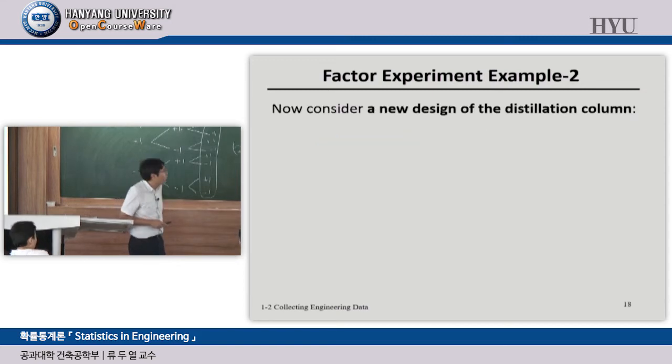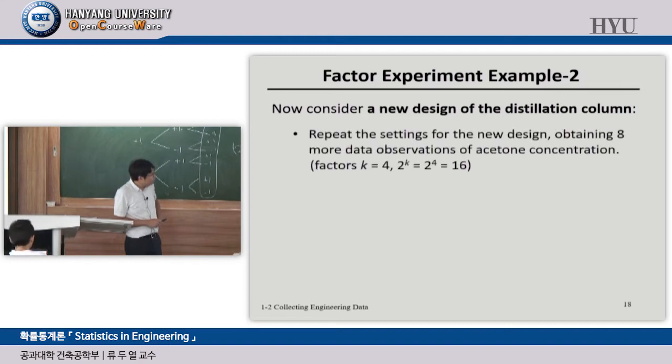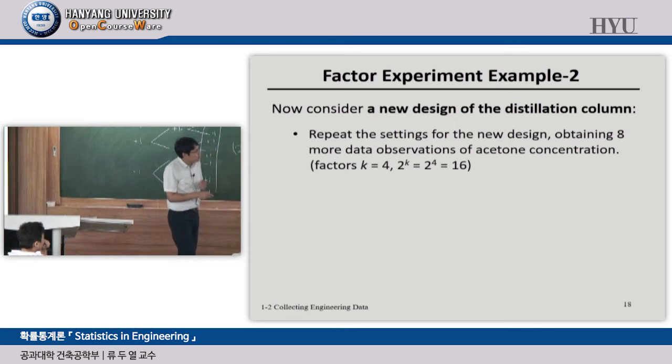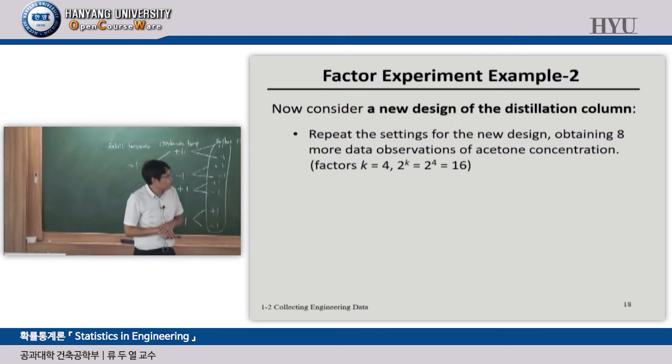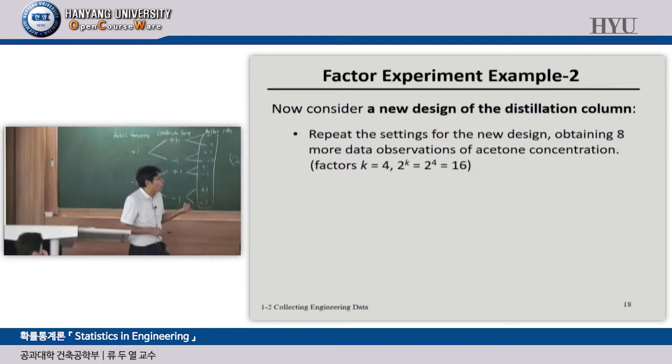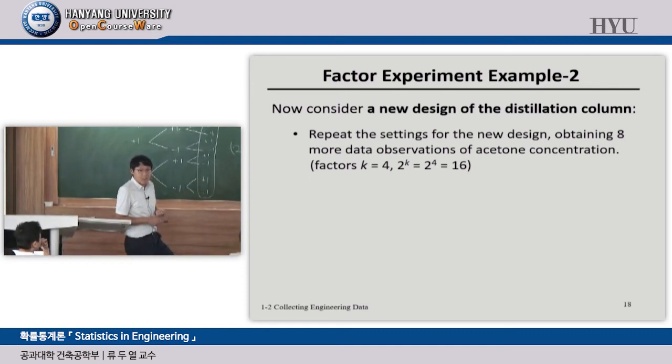Now, we are going to consider a new design of the distillation column. When we design the new distillation column, if we make this new system similar to that of the old distillation column, we just have one more input. That is the new system, the new design of the distillation column. Why?